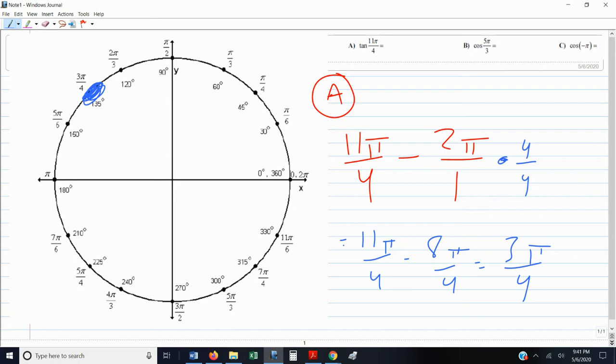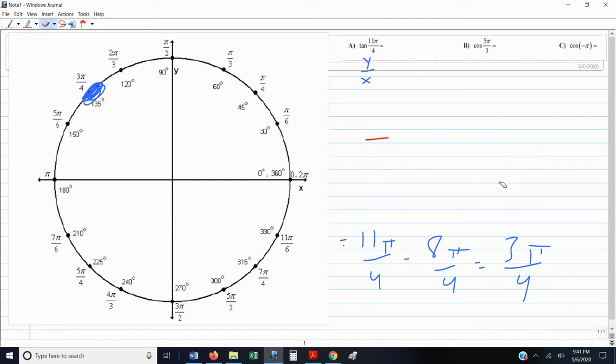We're finding the tangent. The tangent is y over x. And what's missing here is the coordinates. So what I was thinking that you could do is either just visualize or write it down, the 1, 2, 3, 1, 2, 3 trick. All the denominators are 2. All the numerators have a square root.